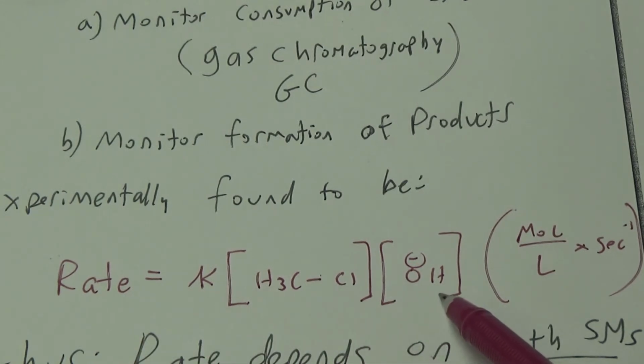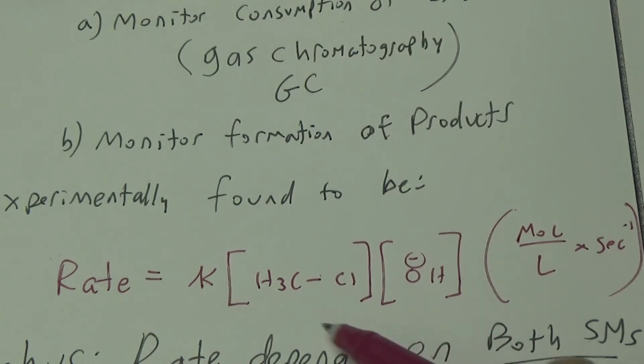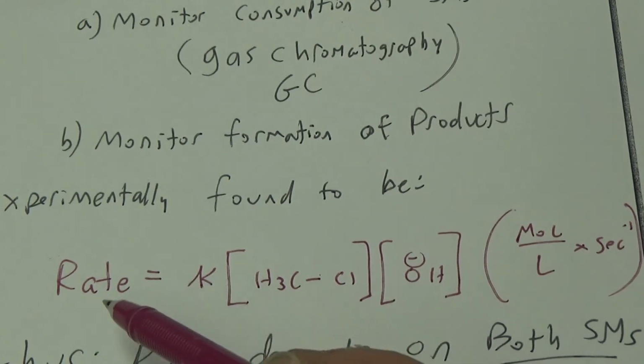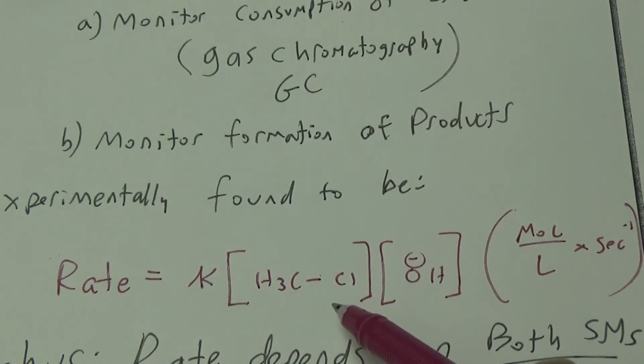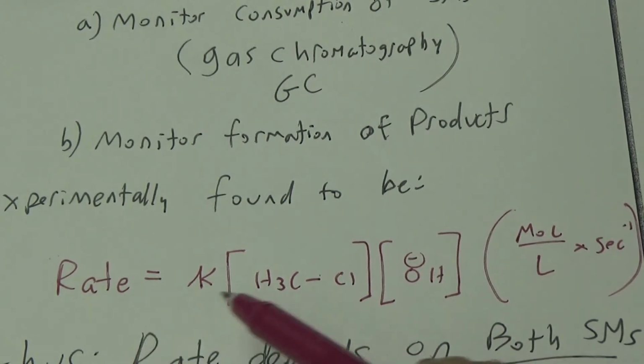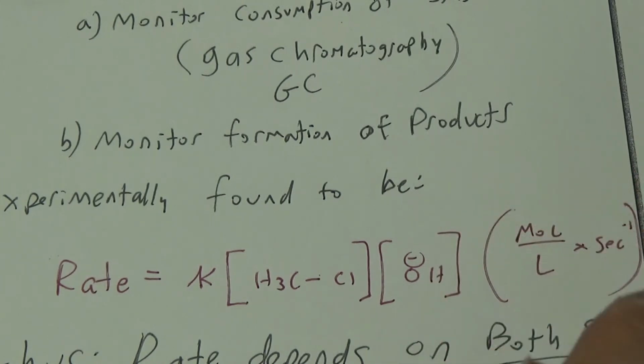What if you double the amount of hydroxide? Then it doubles also. It depends on both of these things. What if I double this and double this? Then the rate should be quadrupled. So it depends on both starting materials.